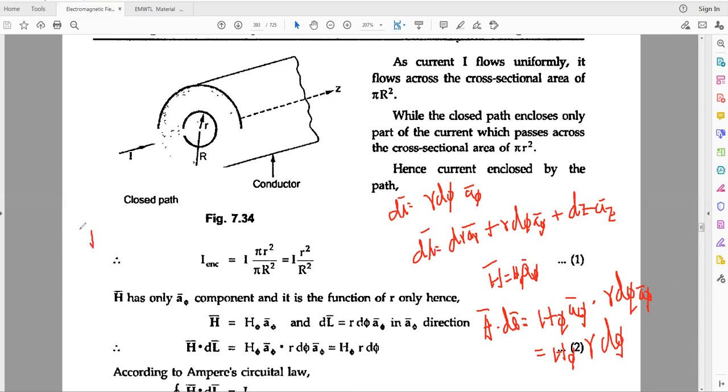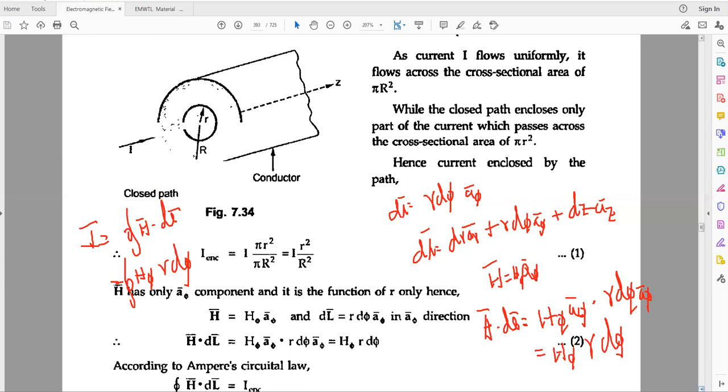So we need to find the current I, and according to Ampere's circuit law, H bar dot dl bar gives H phi into r into d phi as an integral.